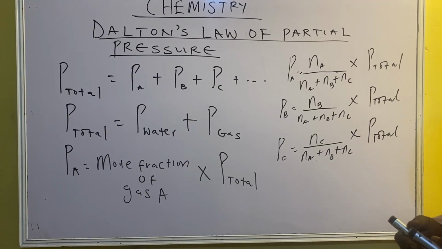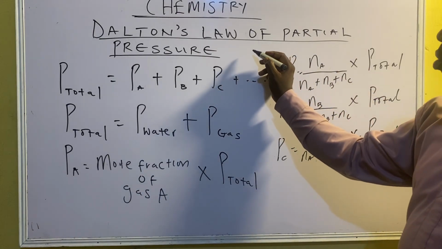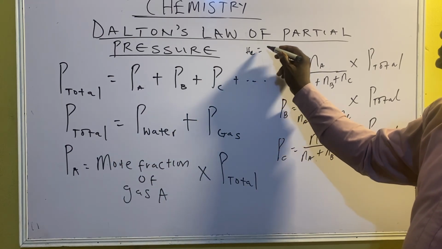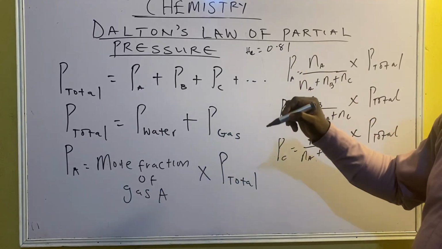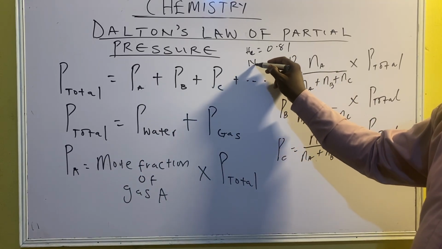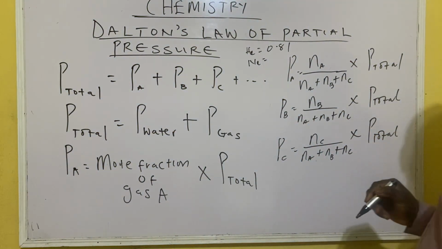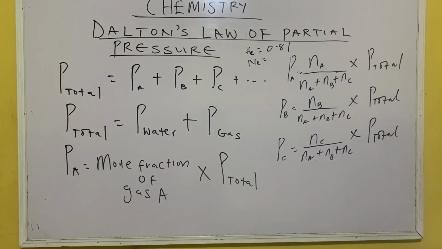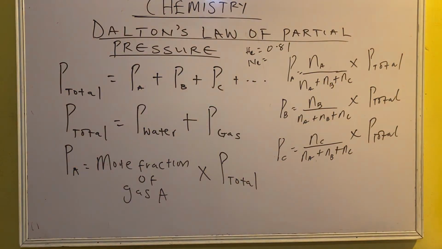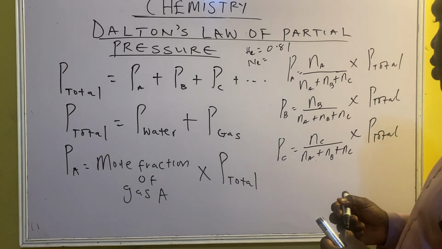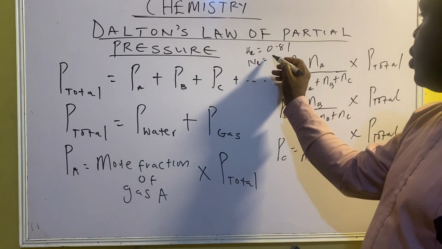So let's assume you're given a question, and in that question you are told that the number of moles of helium is, let's say, 0.81. The moles of neon is 0.15.